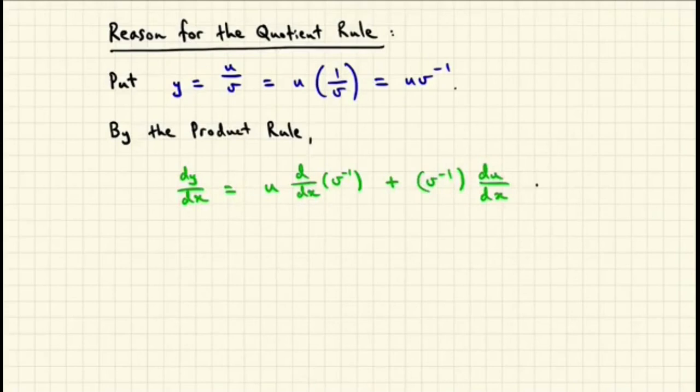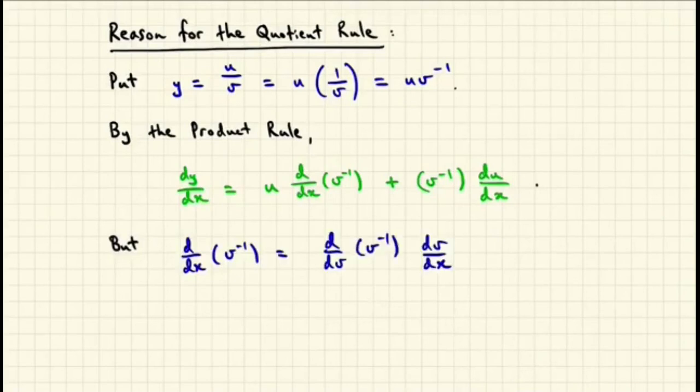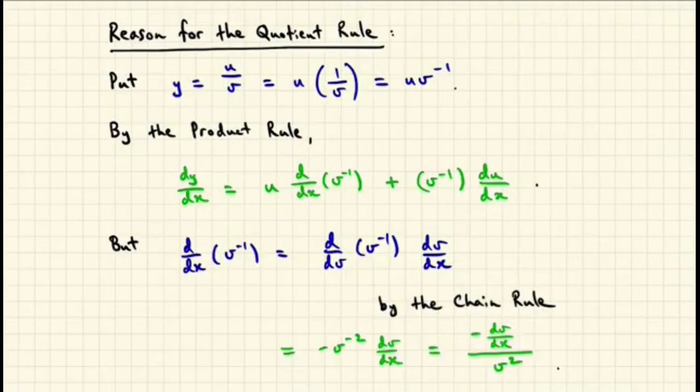But the derivative of v to the minus 1 with respect to x may be expanded to become d dv of v to the minus 1 times dv dx by the chain rule, which becomes minus 1 times v to the minus 2 times dv dx, which simplifies to minus dv dx over v squared.